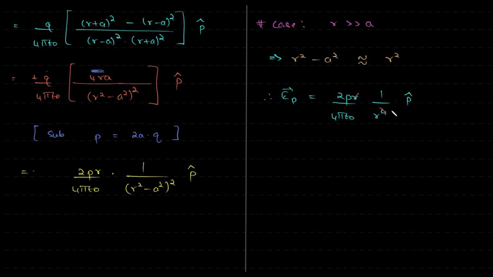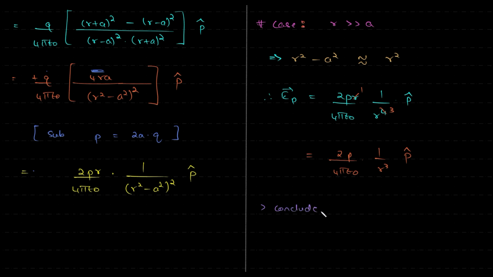Agree? So this and this will get cancelled, and we have 2p by 4 pi epsilon naught into 1 by r cubed, p cap. So that is your scenario where r is a lot bigger than a.